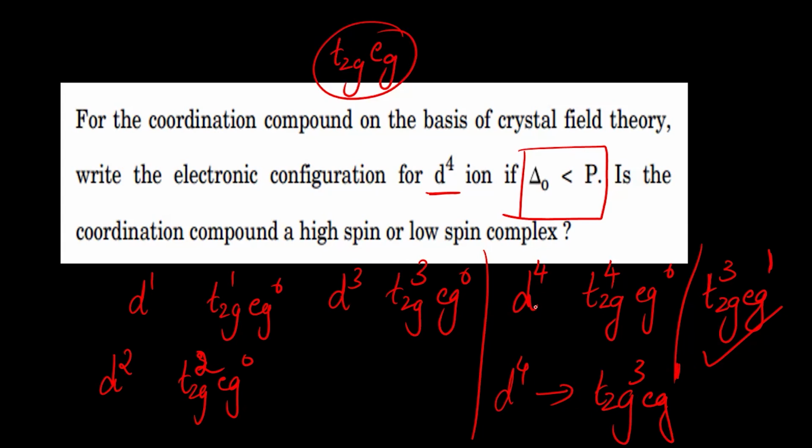Two possibilities are there: either the electron pairs in the t2g itself, making it t2g4, eg0, or it can jump to eg. Since delta naught is very small, the electron can easily jump to the eg level, so you get this configuration. So it is a high spin complex. Hope you get it.